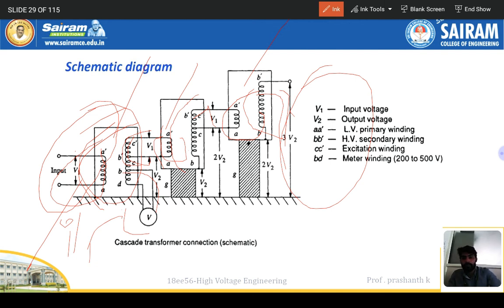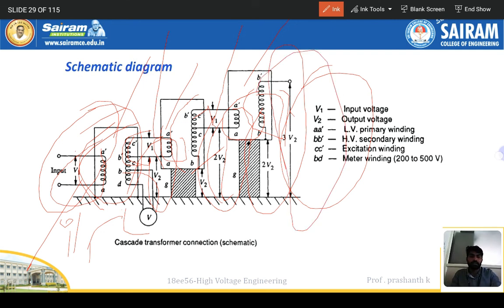This part is V1, this part is another V1. Finally we get V2, then 2V2, and here a total of 3V2. We are getting 3 times V2. So this is the schematic diagram of the cascade connection of transformers.